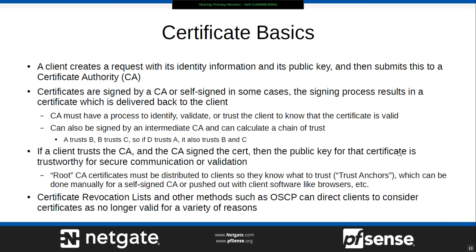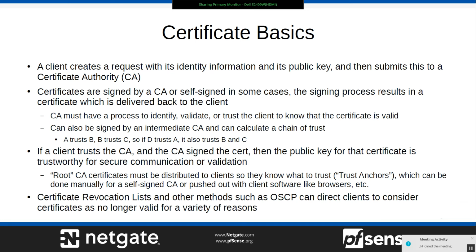Okay, moving along. So the whole process works like this. You have a client, which could be a web server, a firewall, or a user. That client creates a request with its identity information saying, okay, this is how you know it's me. It creates a public and private key pair, puts the public key together with the identity information into a certificate signing request, and then submits that request to a certificate authority.